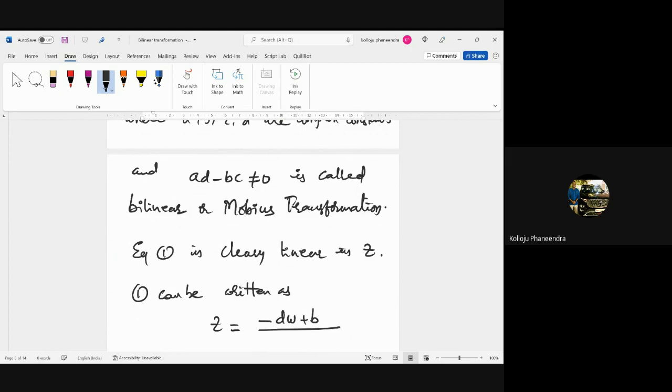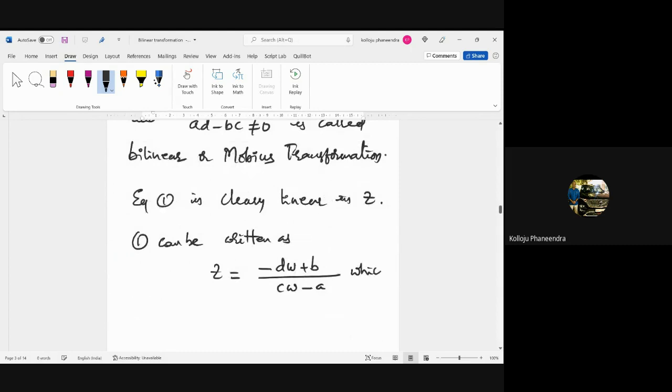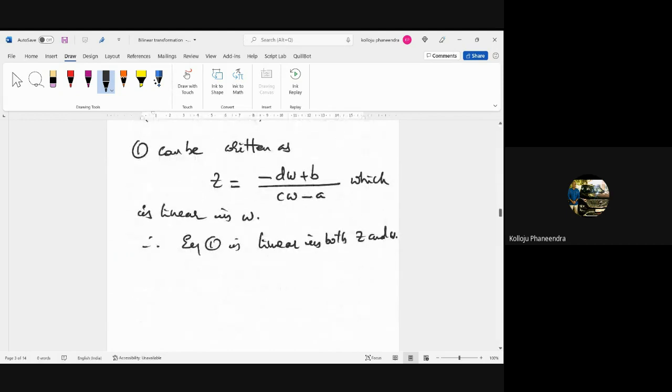Z equals dW plus B by CW minus A, which is linear in W. Therefore, equation 1 is linear in both Z and W. That is why it is called bilinear transformation.